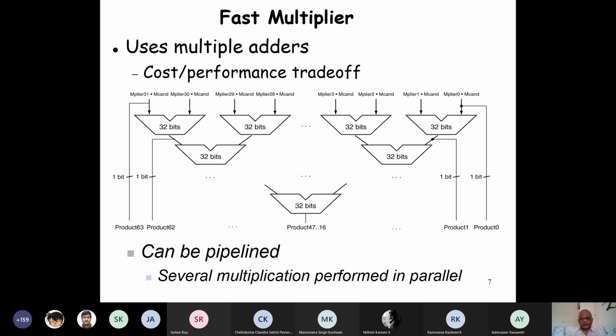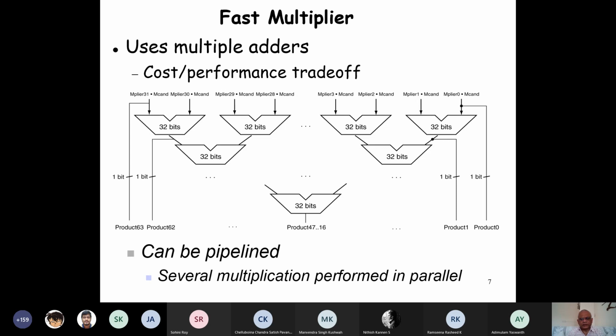The earlier multiplication, for a 32-bit multiplication, if the multiplier has 32 bits, then it will take 32 cycles. If it is 64-bit multiplication, it will take 64 cycles, each bit one cycle. But now let's look at this fast multiplier. If you observe here, we have 32 of the 32-bit multipliers at the top. There are 32 of them.